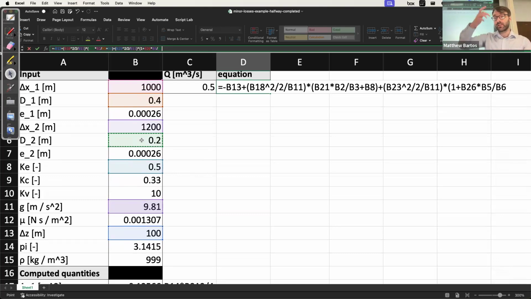And then we have to add the remaining minor losses. So we're going to add Kc and we're going to add Kv.